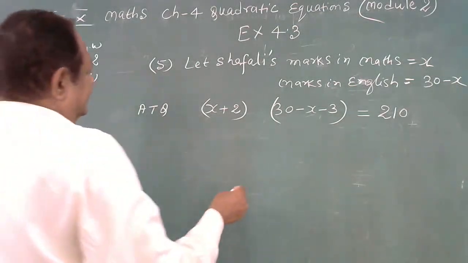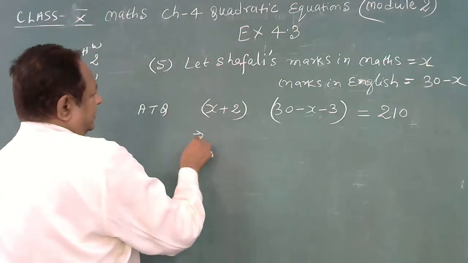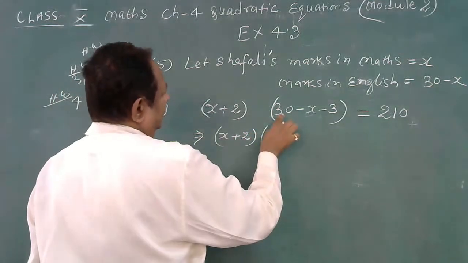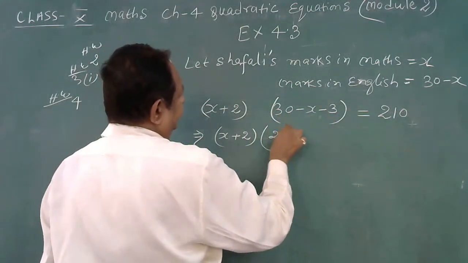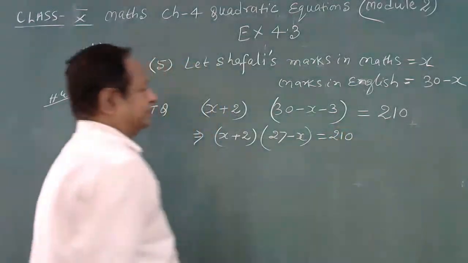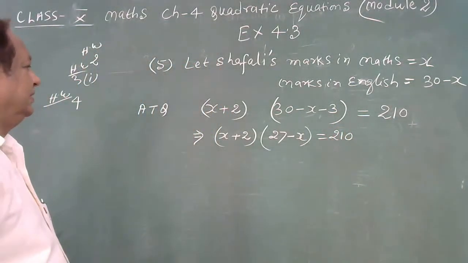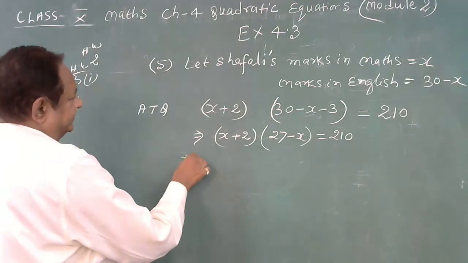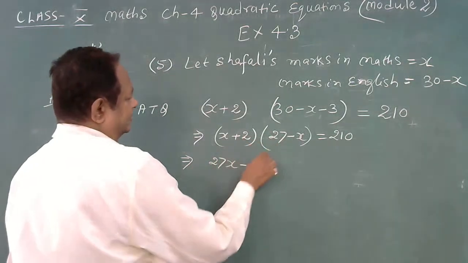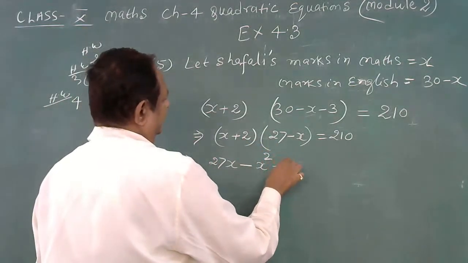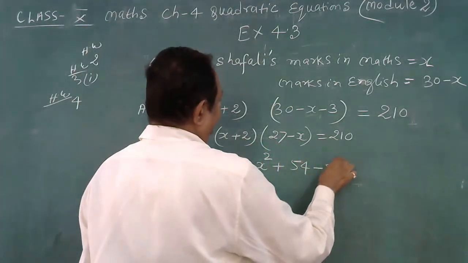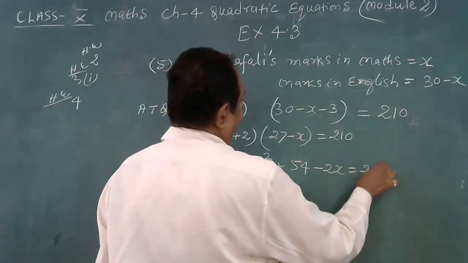This can be written as x plus 2 into 30 minus 3, 27 minus x, is equal to 210. This can be written as 27x minus x square plus 54 minus 2x is equal to 210.